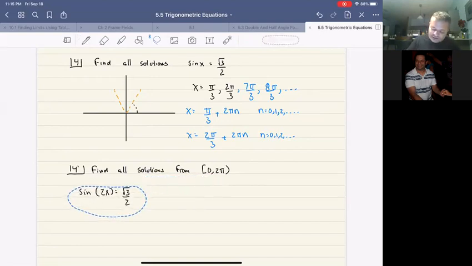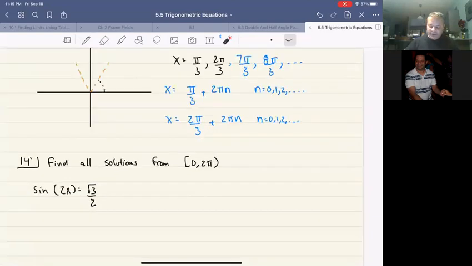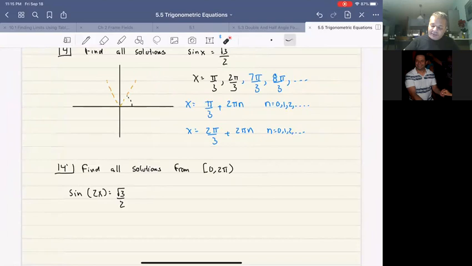How does this change things? We've got two things. One, we're only taking from 0 to 2 pi. And two, I made a 2x there. So now I need to know this stuff here. I'm going to start by thinking, what if it was just x? Well, 2x equals pi over 3.